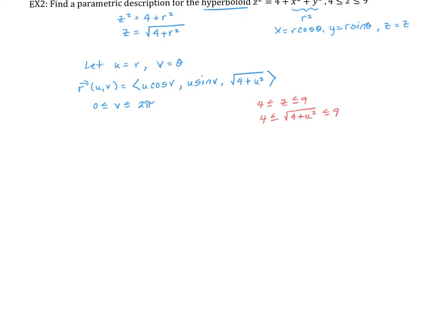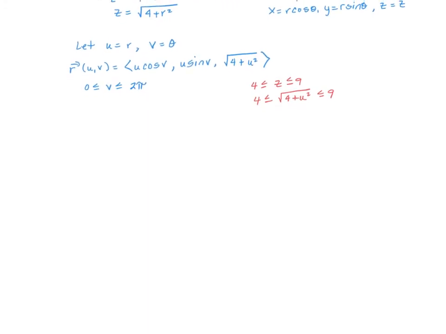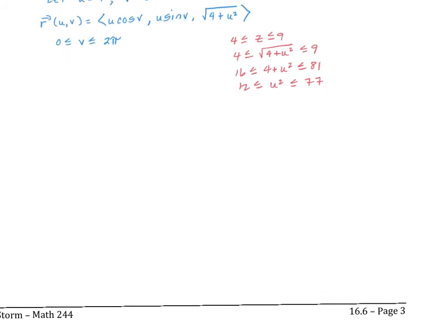So now all I have to do is algebraically solve for u by squaring everything to get 16 less than or equal to 4 plus u squared less than or equal to 81, minus 4. So that's 77. And then I'm going to square root everything. So remember that I'm not looking at the negative, I'm only looking at the positive.